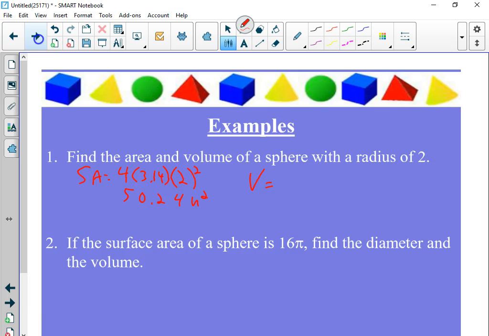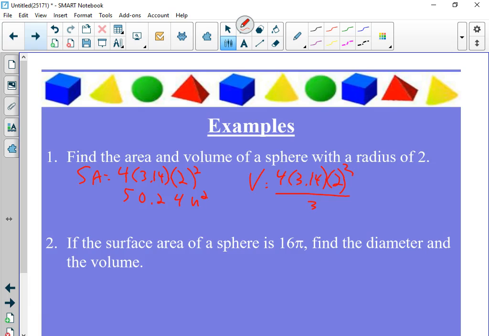And now volume, remember, is 4 pi r cubed over 3. I don't know why I just wrote it like that. It says putting the numbers in. Let's try that again. 4, that's not 4, that's a 3. 4 pi r cubed divided by 3.